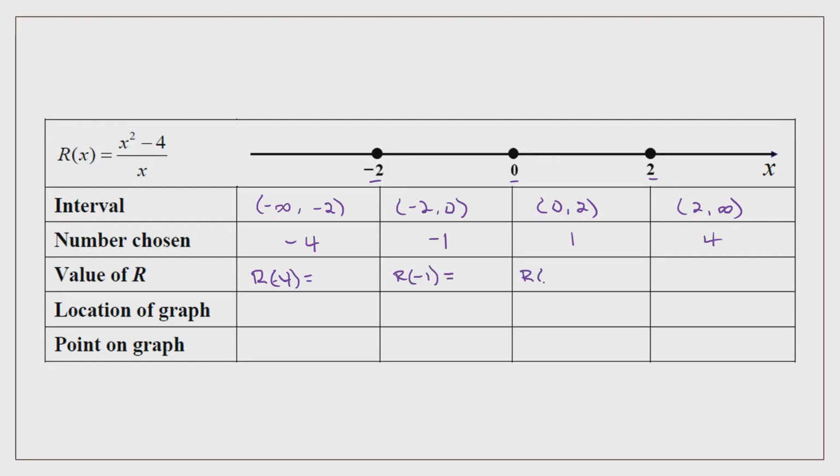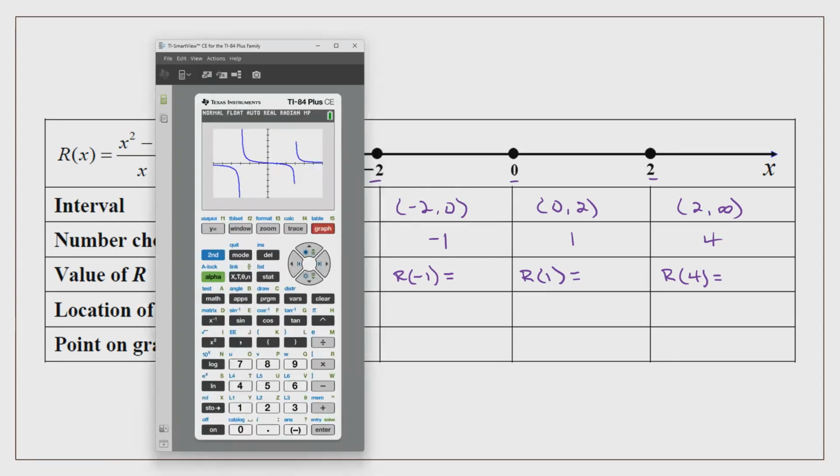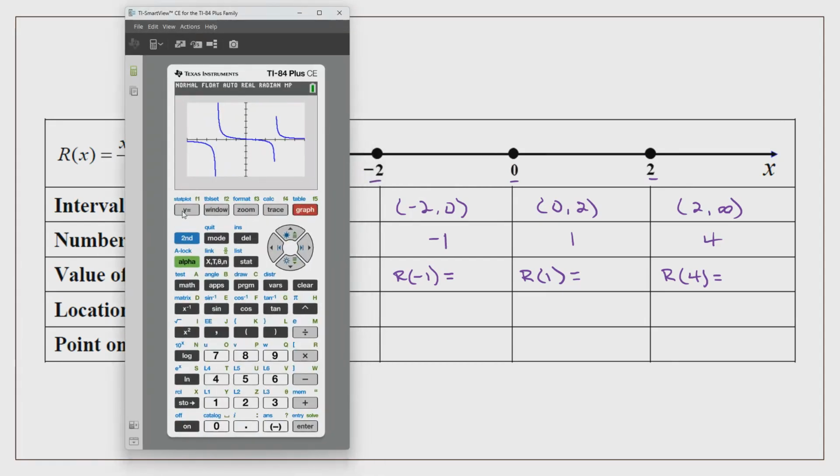We should be able to substitute these values in, and we can use our calculator to help us as well. So let's plug in our equation. I'm going to clear that and enter in our equation: x squared minus 4 divided by x. And I want to go to the table.